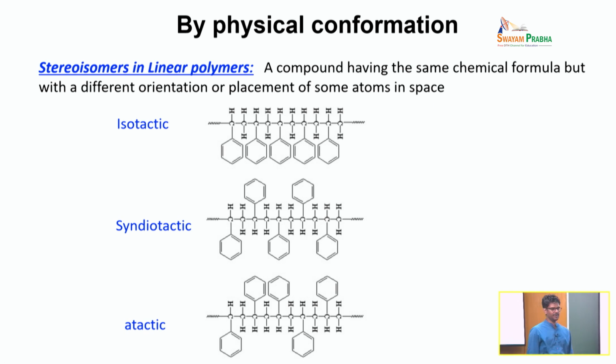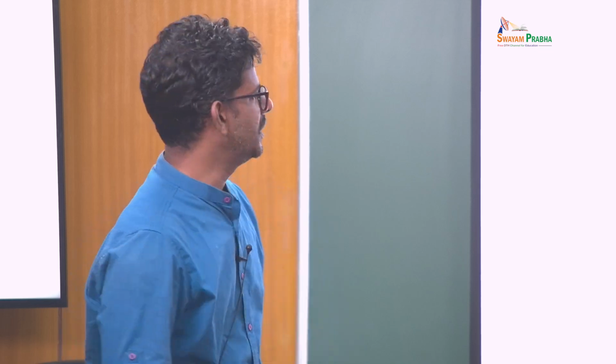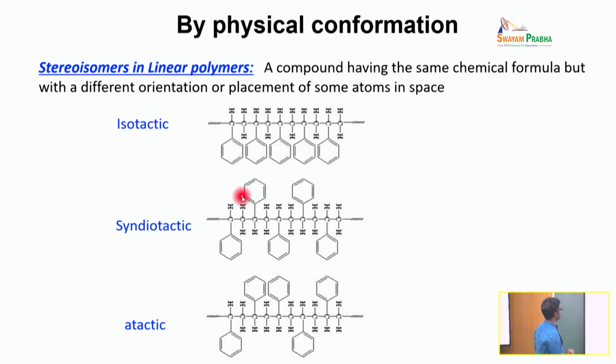Within linear polymer, there is also something called stereochemistry or stereoisomers. What it means is that even if you have a straight chain, some of the side atoms can take different orientations or different conformations. This is called the tacticity of a polymer or stereochemistry of a polymer. Here we have given an example of polystyrene.